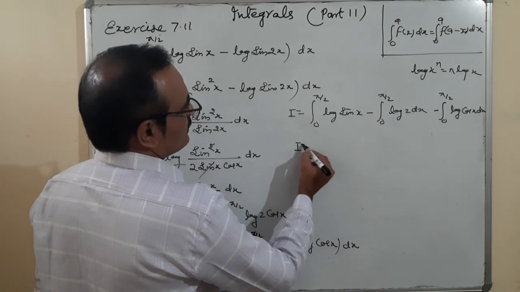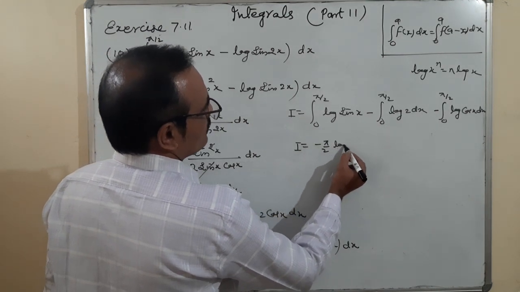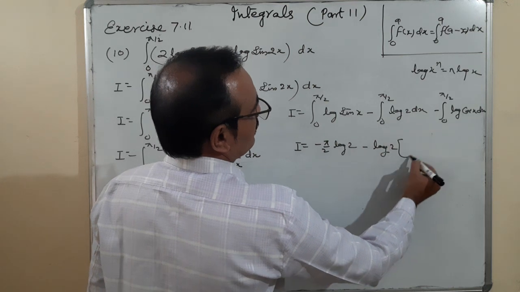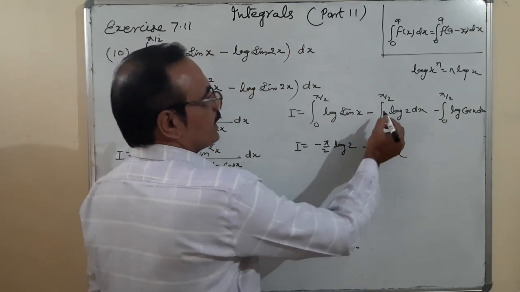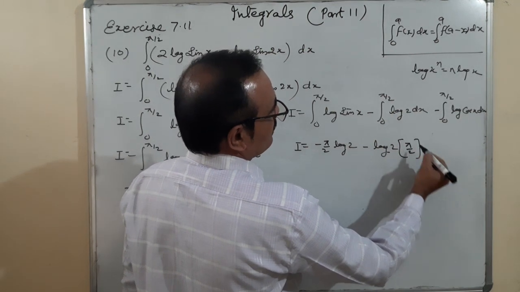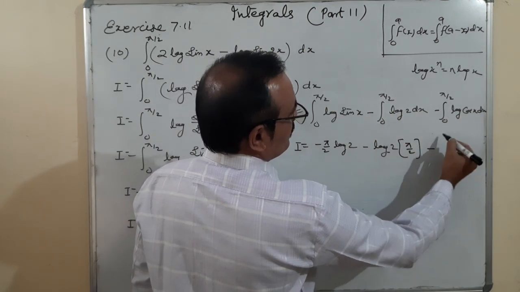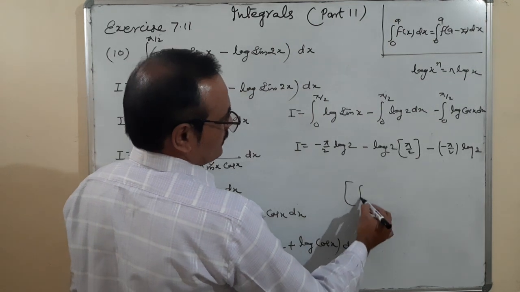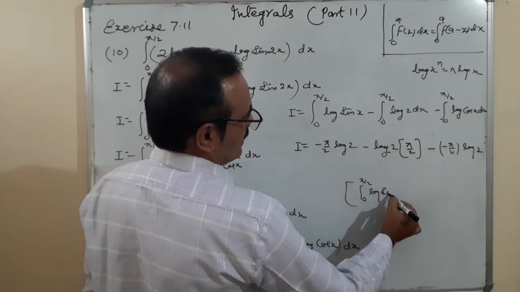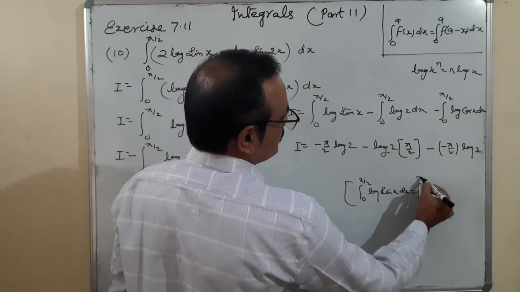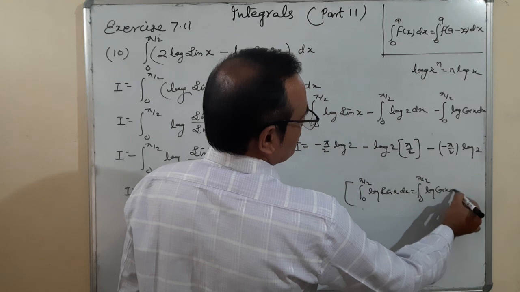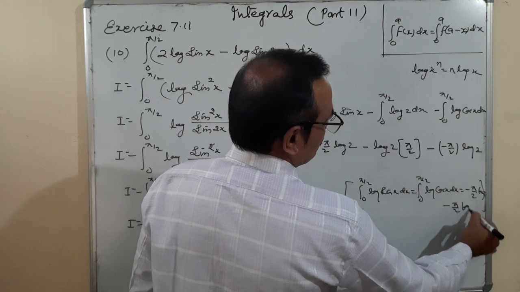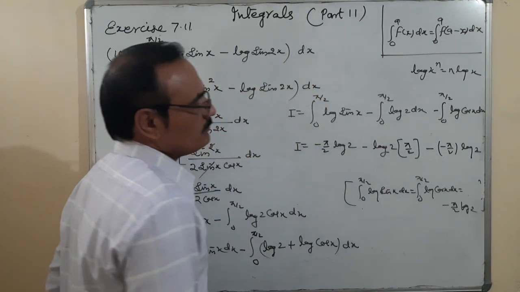So we can use the result minus pi by 2 log 2, minus log 2, and here the integration of 1 is x, so pi by 2 minus 0, and minus it is also minus pi by 2 log 2, because here I can write the reason integral 0 to pi by 2 log sin x dx is equal to integral 0 to pi by 2 log cos x dx is equal to minus pi by 2 log 2, minus pi by 2 log 2. Okay.